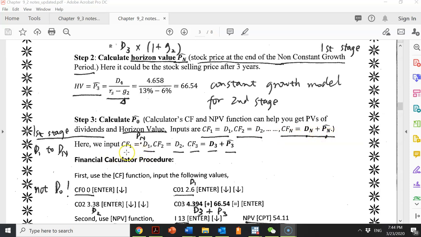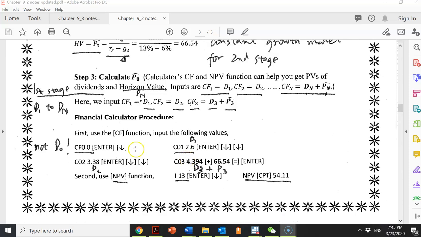Here, cash flow 3 is D3 plus P3. We discount D1, D2, D3 because we need to discount all the dividends in the first stage. We discount horizon value P3 because it is the discounted value of all the dividends in the second stage, to time 3. Now we want to discount it to time 0. Because D3 and P3 occur at the same time, we can input them together as cash flow 3.